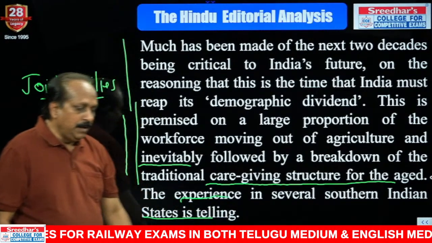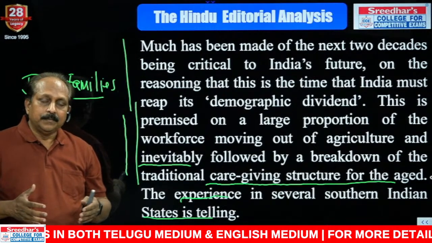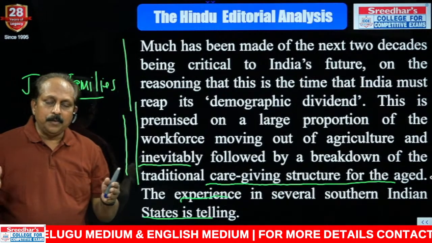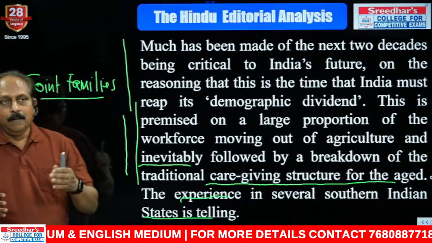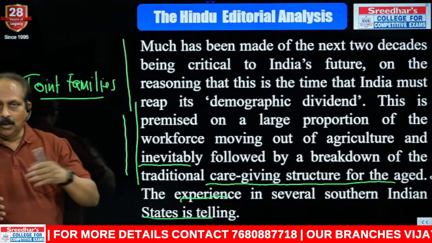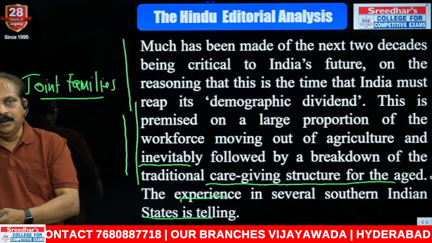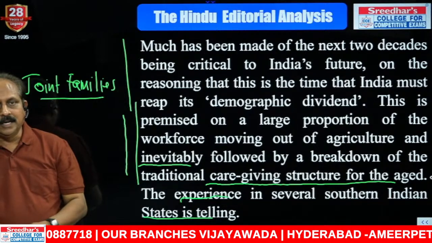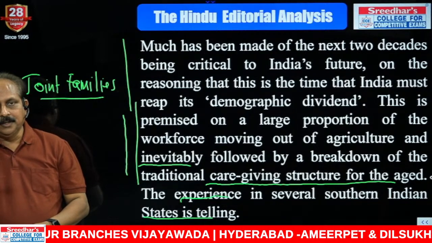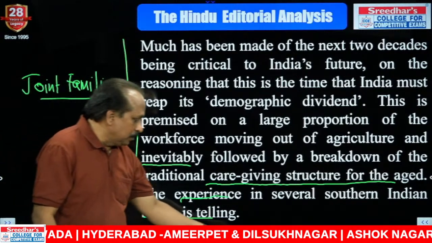Here, telling means evident, obvious. In southern states especially, a lot of youngsters, highly qualified, go abroad to the Gulf or the US or any part of the world. Then they leave the aged parents behind, and there is no one to take care of them. The traditional caretaking system is broken down.